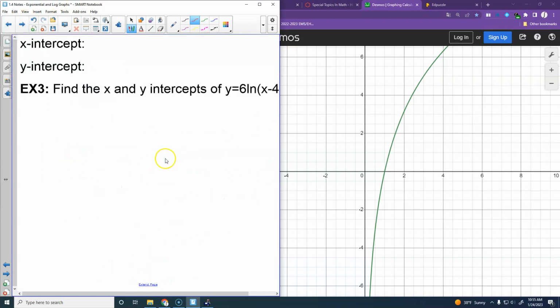All right, let's look at some more key features. These are pretty straightforward, and they're super easy to find on Desmos.